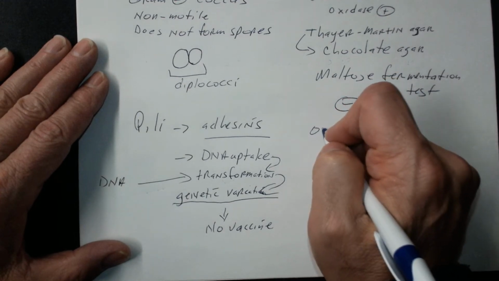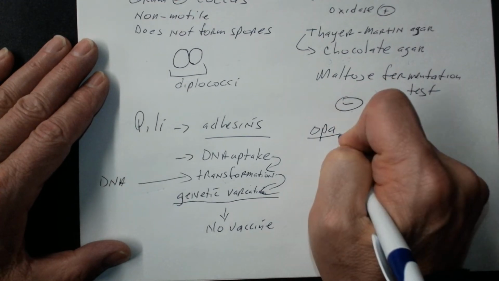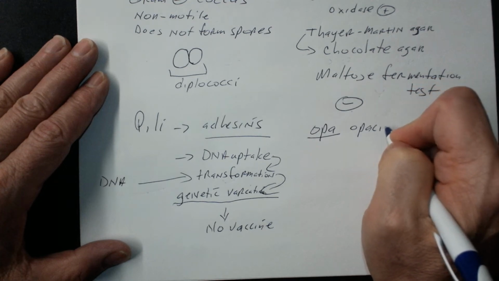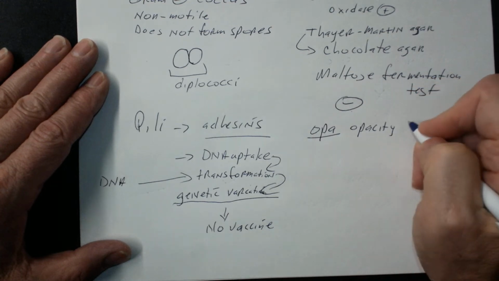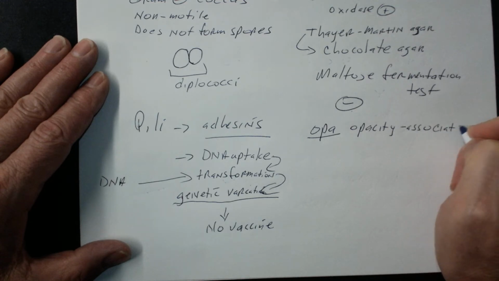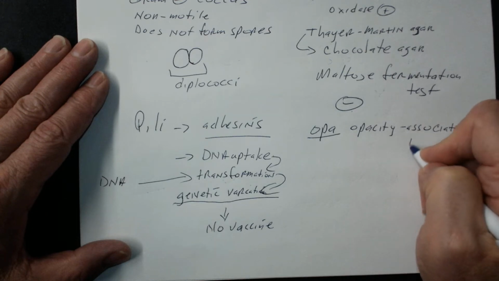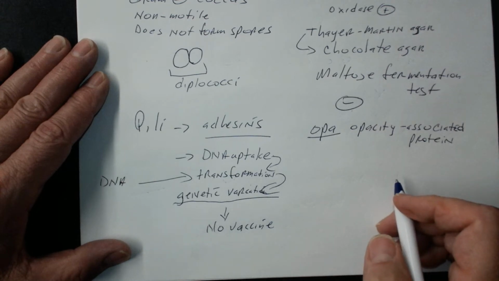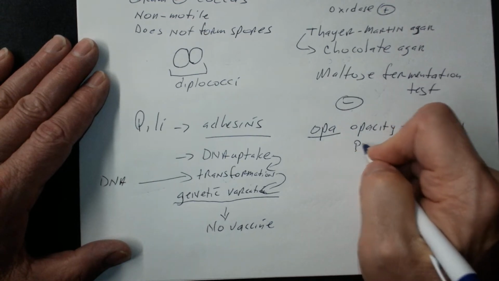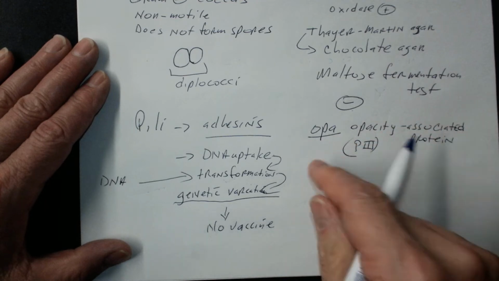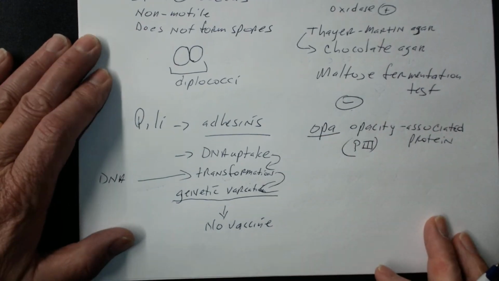There's also the so-called OPA, or opacity associated protein. Old books, old papers will call this protein 3, P3. OPA is definitely the term that's used the most.